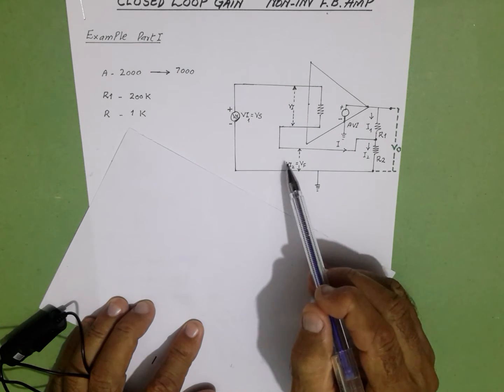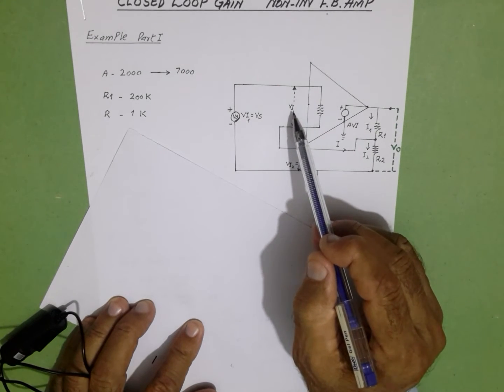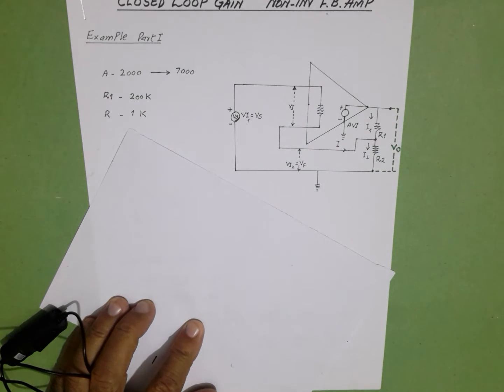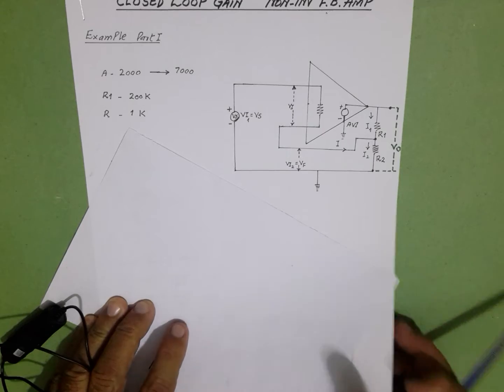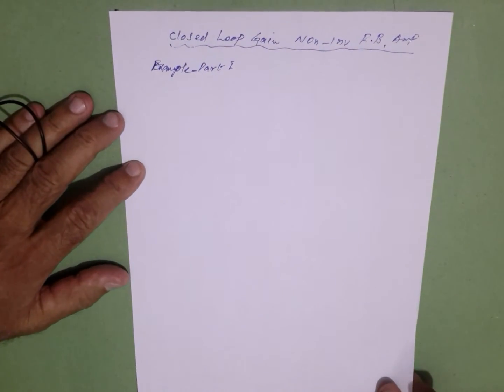The difference of the two is V input and is applied across ZI. This circuit has already been explained, and now we are going to solve two numericals to see how the gain is stabilized by feedback, applying feedback voltage.